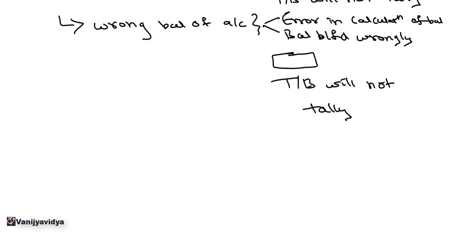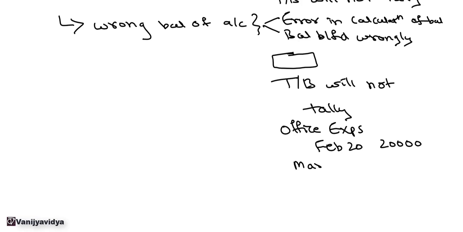Okay, let's take an example here. Say office expense. Office expense, the balance for the end of Feb 20 in the office expense was 20,000. But while taking this balance forward for 1st March 20, it was taken as 15,000 instead of 20,000.